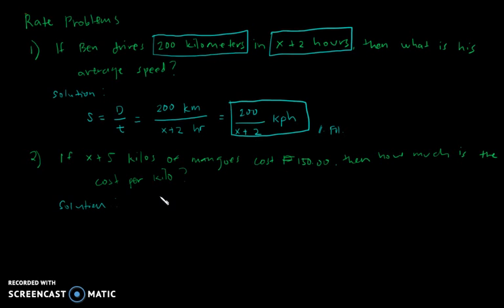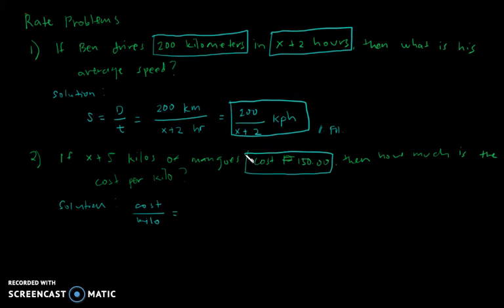again, just follow what is being asked. So that is the cost per kilo. So what is the cost? What are the keywords? Here, cost refers to money. So this is our keyword, cost.